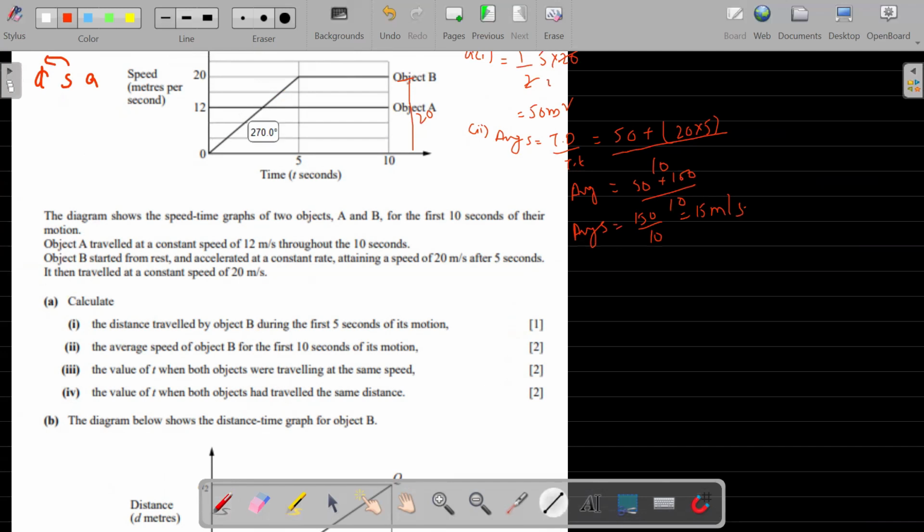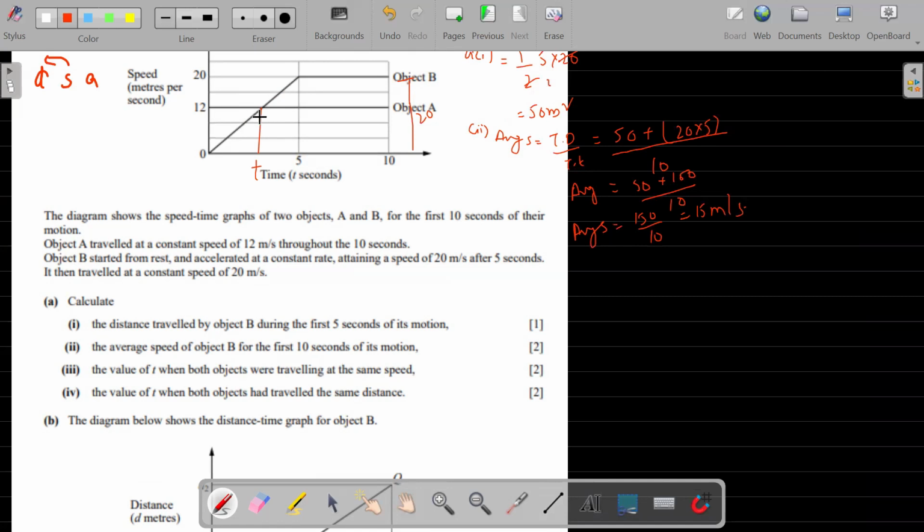At this point, you can see that their distance was almost the same. Suppose this was t, because they were crossing their paths. The value of t when both objects were traveling at the same speed.